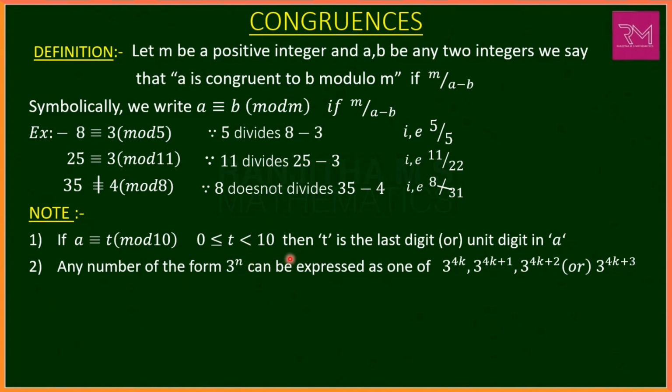To find the power of such a large value is very difficult, so we can apply this formula and easily find the unit digit. We express 3 power n in the form of 3 power 4k, 4k plus 1, 4k plus 2, or 4k plus 3, and we get congruences like this.